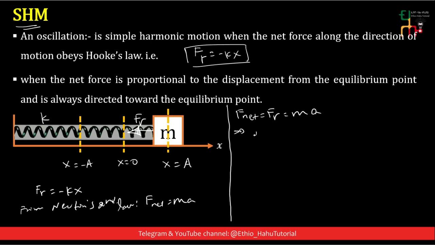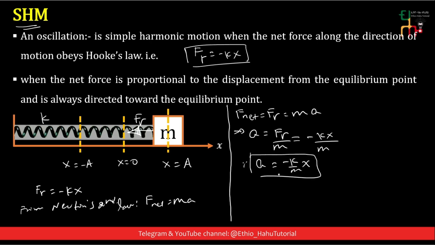And this implies acceleration is equal to restoring force divided by m. And since the restoring force is given by minus kx, the acceleration is minus k times x divided by m, therefore the acceleration of the block is minus k over m times x.